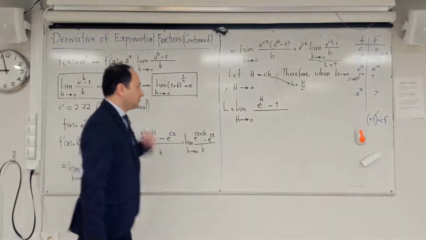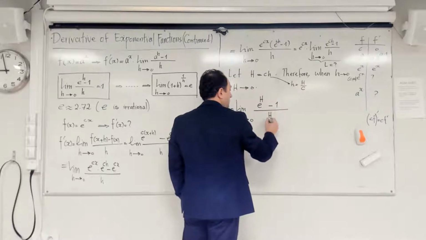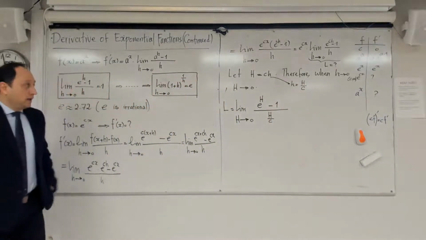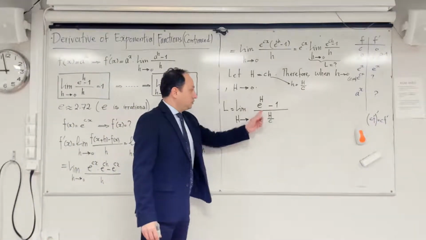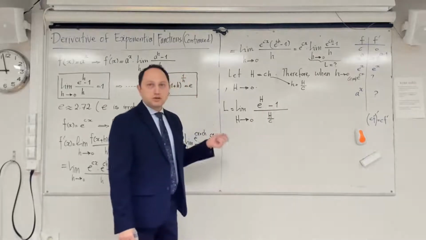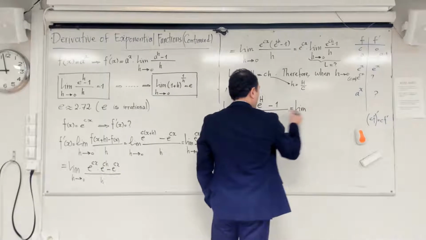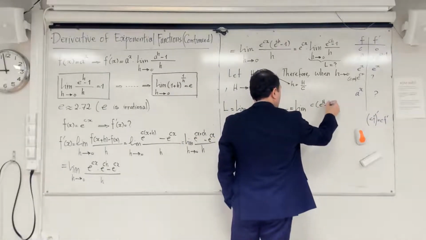Okay, so this is one point, and then instead of this little h, I put capital H divided by c. To get rid of this fraction, I multiply the numerator and the denominator by the constant c. So this becomes equal to the limit: I multiply the numerator by c, e to the power H minus 1.